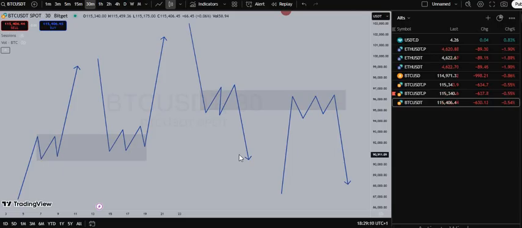So if I am looking for a level where I'm expecting price to react and move, I am looking for rally base rally or drop base drop. Now if I am looking for structures and formations to confirm my bias of this range as a supply zone and this as a demand zone, I want to see demand structures of drop base rally and rally base drop forming up within that zone.